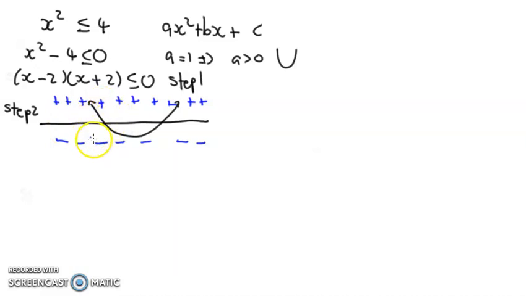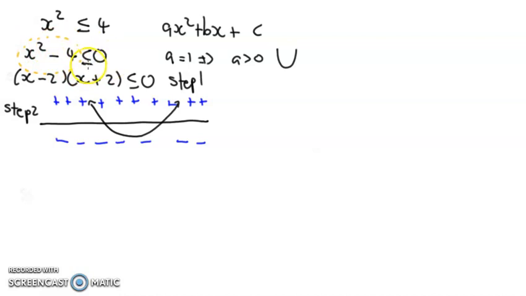So to answer the question asked here, you need to find a region that will satisfy your equation. Now let's go back to the equation. The equation is x squared minus 4 is less than or equal to 0. So you want to find a region where this expression, x squared minus 4, is less than or equal to 0.